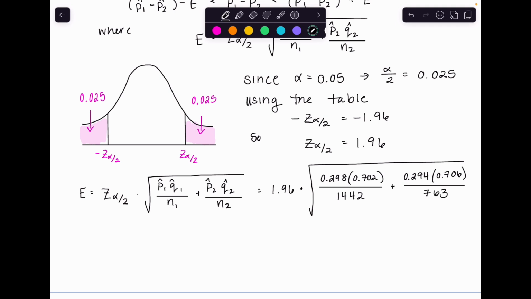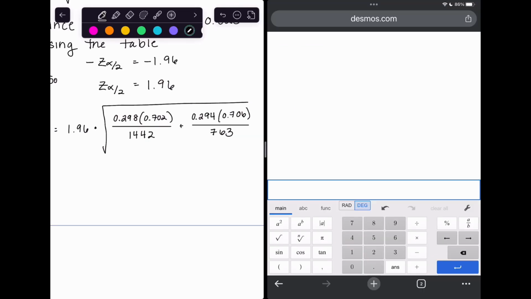So I need to use a calculator again. So we can plug this all in one shot. We got 1.96. We want to times this by a giant square root. My first bit is a fraction. You don't need to type that 0. You can just type .298. Just to show you can type the 0 in as well.